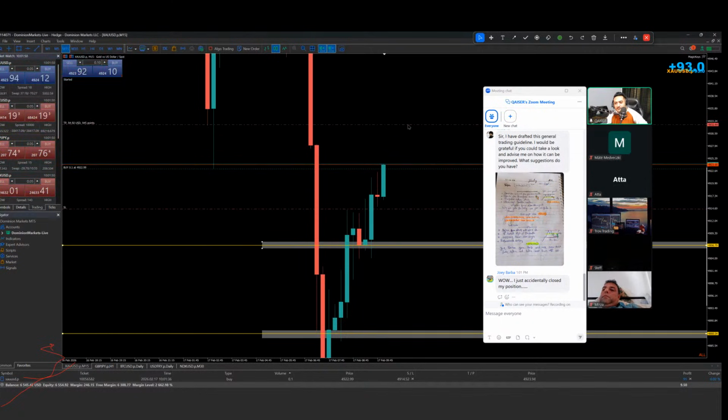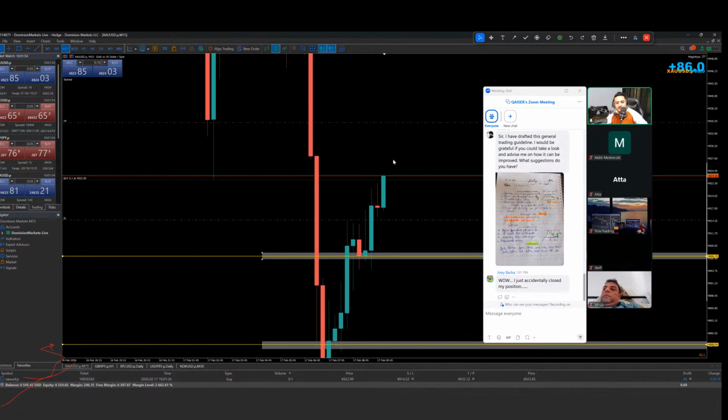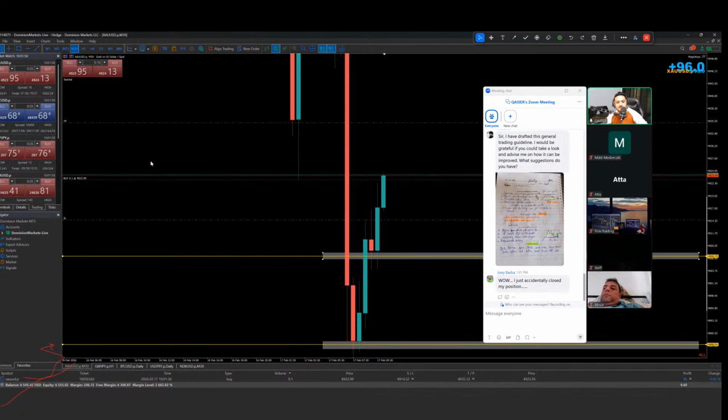I'm expecting volume to push it to the upside somewhere here. It's the opening of the London session, so I expect volume to push it up.